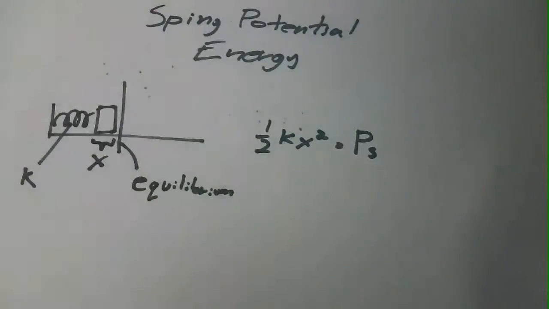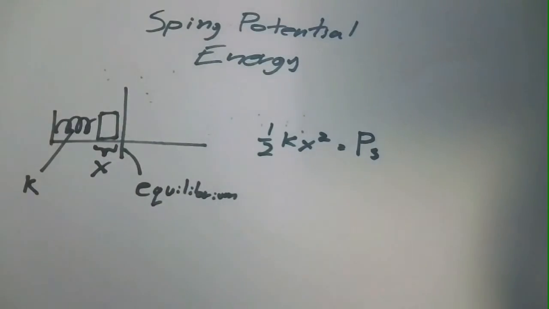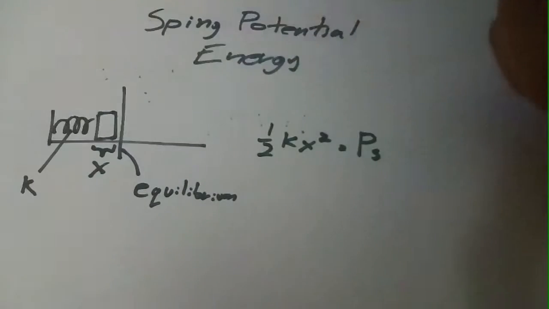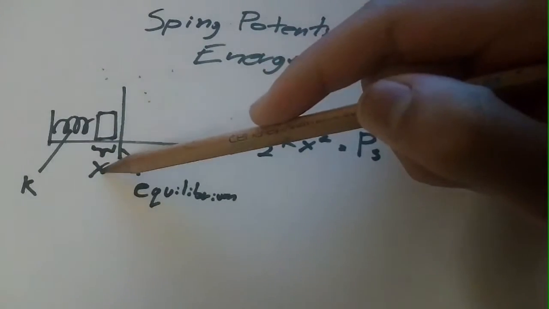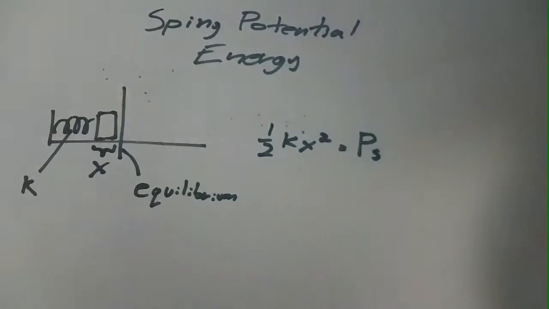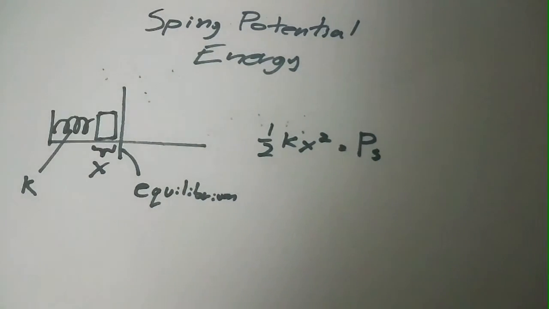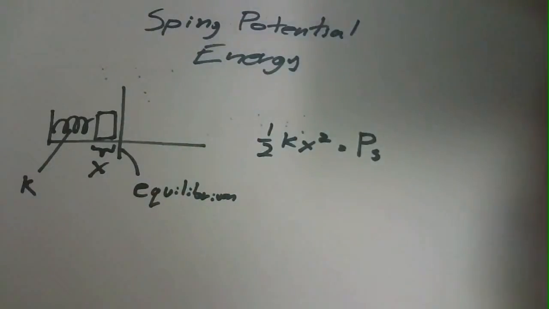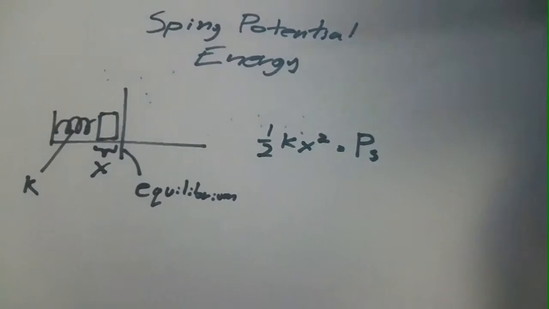Next is spring potential energy. If a spring is compressed and has a distance x far away from the equilibrium distance, and the spring always has k, the spring constant, we can calculate spring potential energy by using the equation 1/2 times spring constant times compressed distance squared.